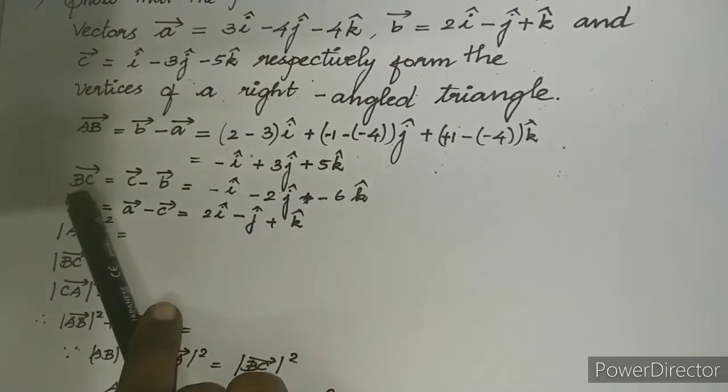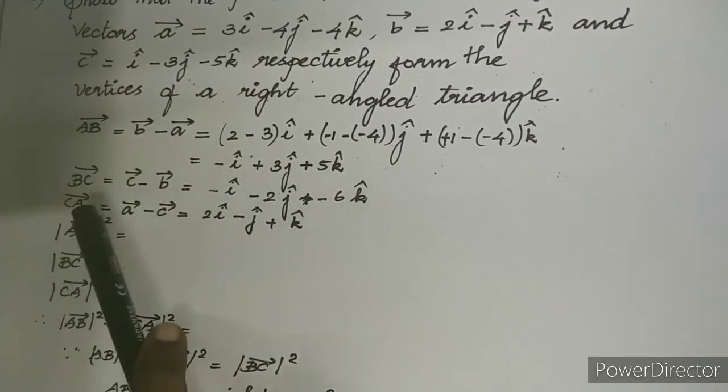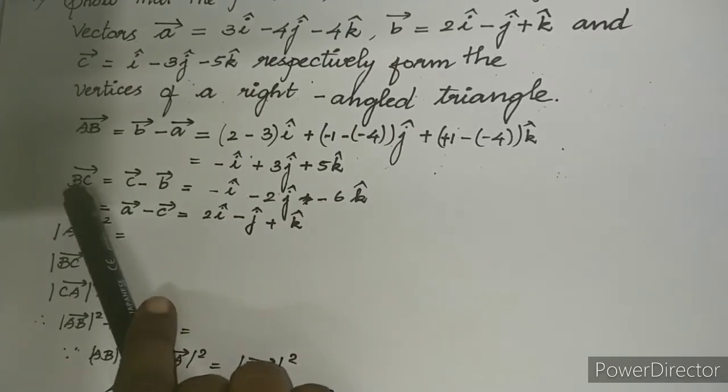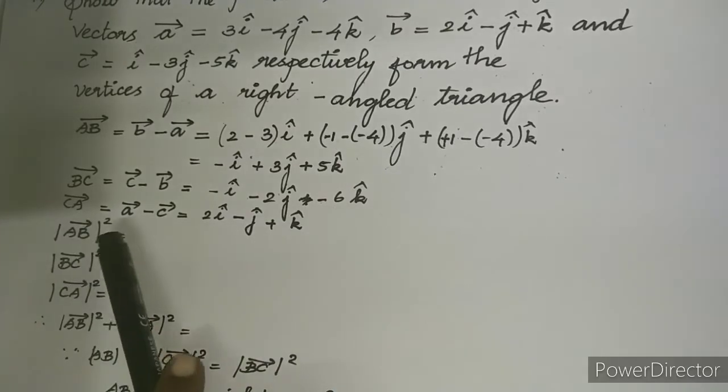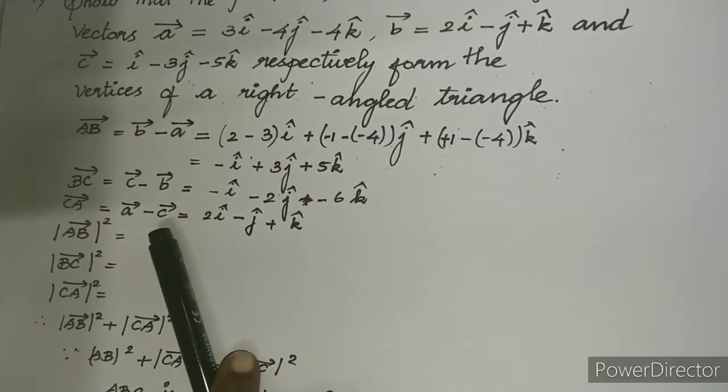Similarly, we will find BC vector and CA vector. BC vector is C vector minus B vector, and CA vector is A vector minus C vector.